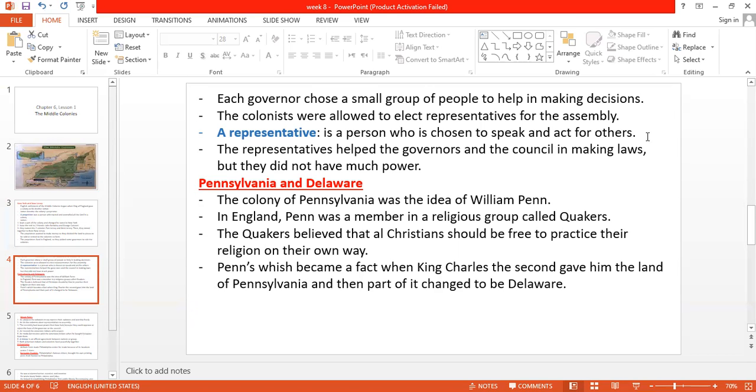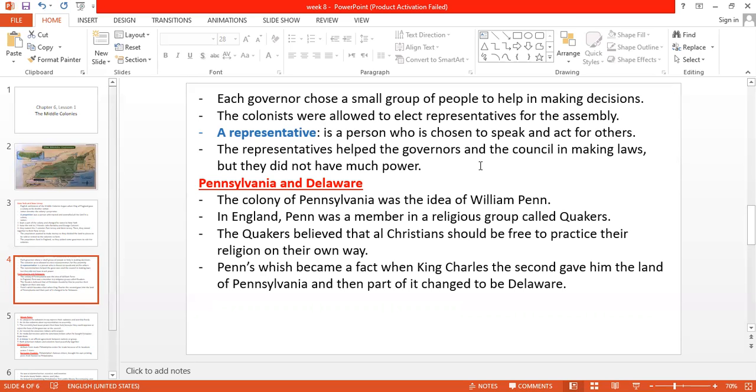Okay, so the colonists who lived in New Jersey and in New York, they choose some representatives to be members in the assembly, and those representatives help the governors in making any decision. But what happened, guys? In New Jersey and in New York, those representatives had less power.